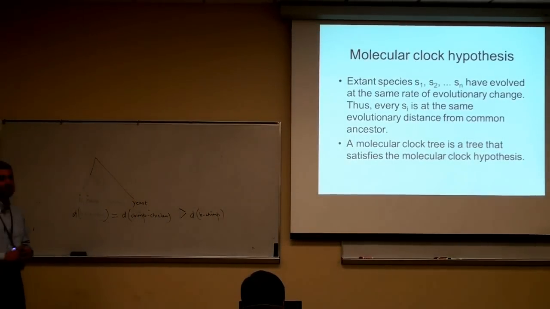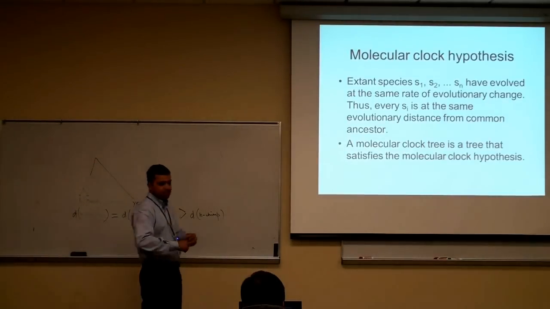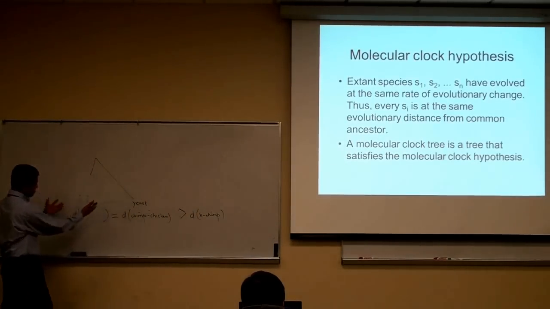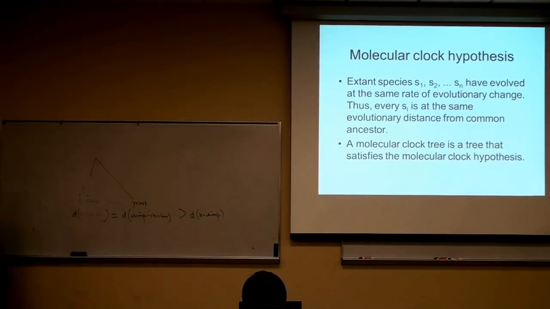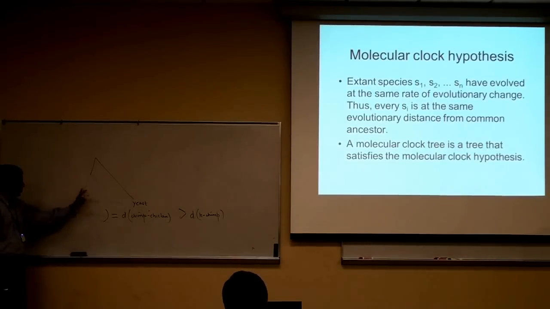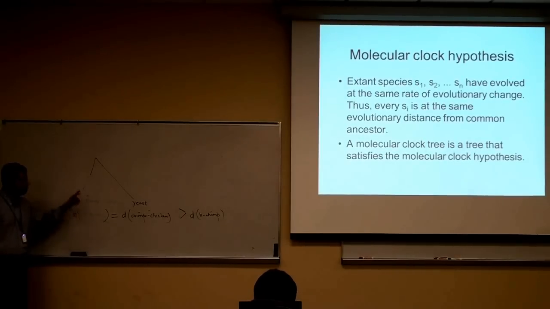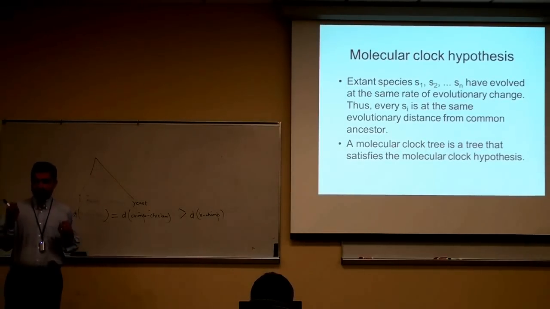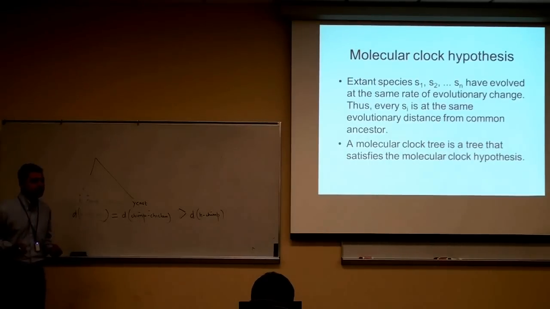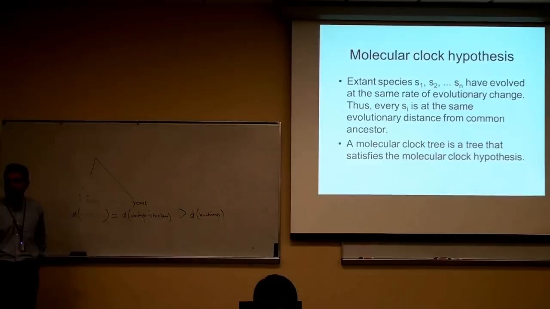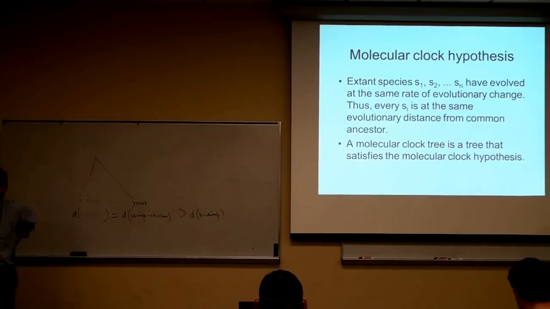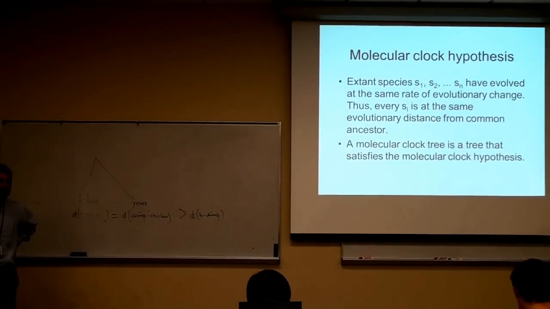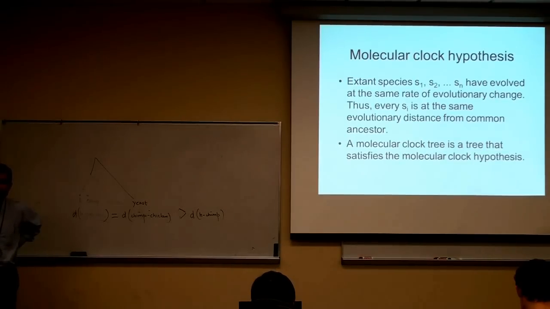If you say that the phylogeny of these 4 species is this, and these branch lengths are equal, this is equal to this, and so on, meaning you are saying that the mutations have accumulated at the same rate. It's your claim. You're making a claim based on when you draw this kind of phylogeny. And that would be a molecular clock tree, because it's a tree for which the molecular clock hypothesis is true.